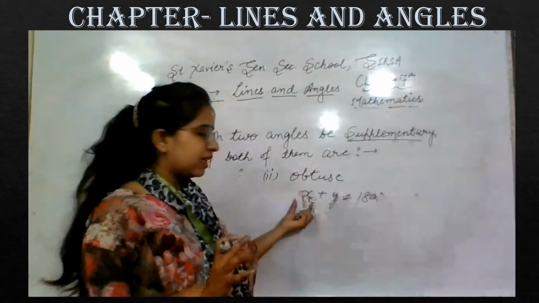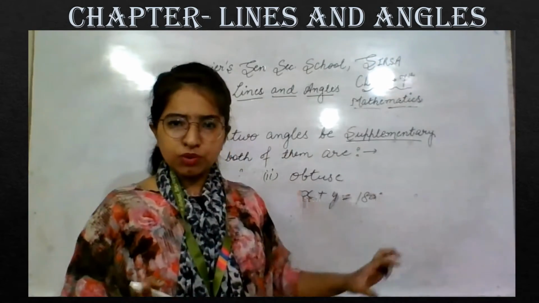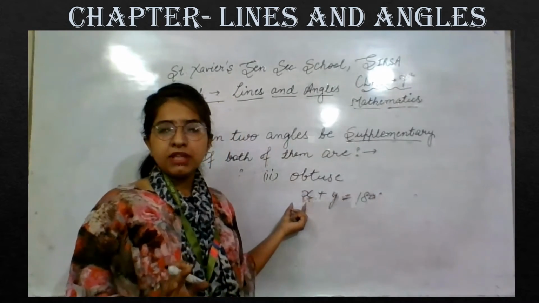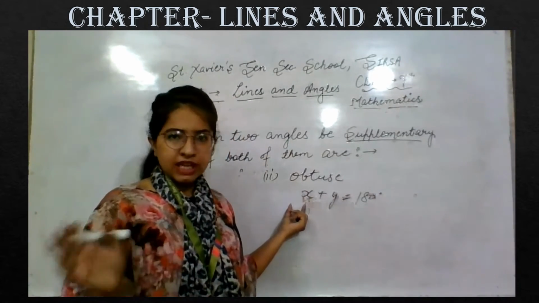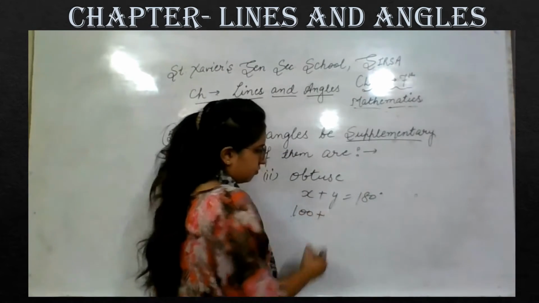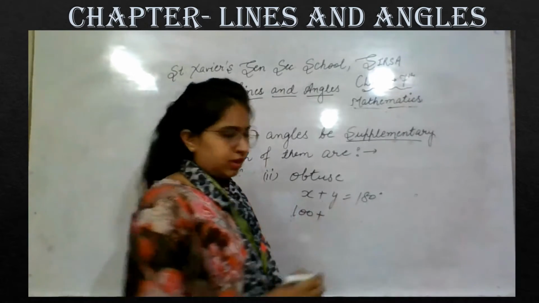For obtuse angle, I'm taking x as obtuse and y is also obtuse. So x will be more than 90 degree, you can take 100. y also more than 90, I'm taking 100 only.